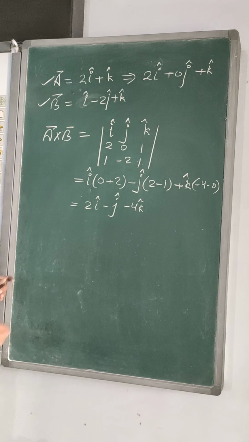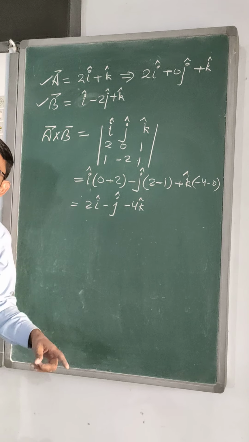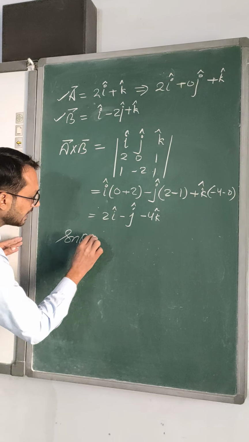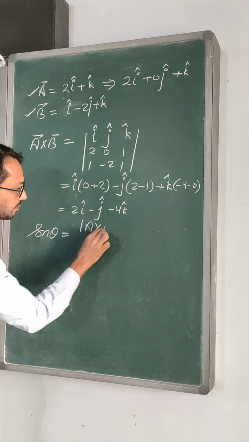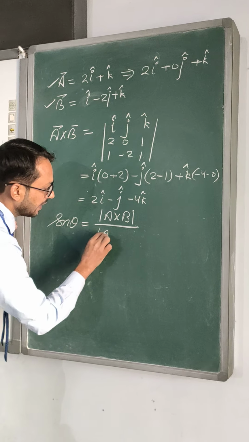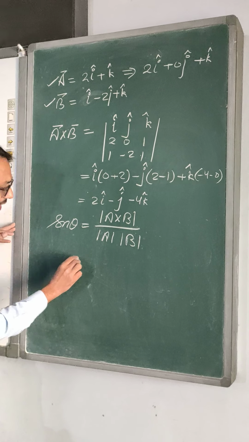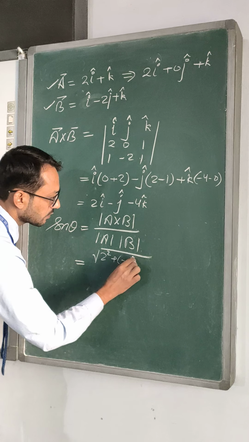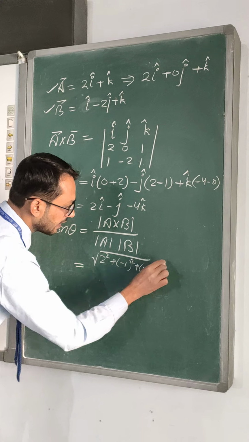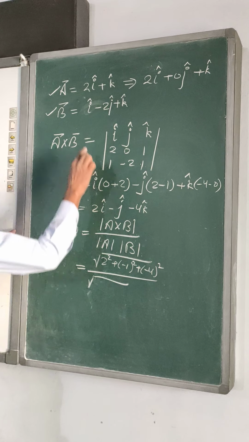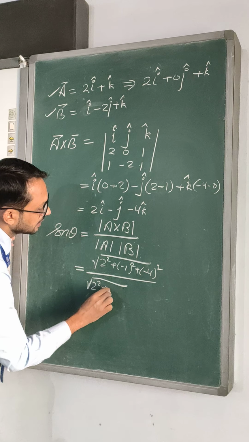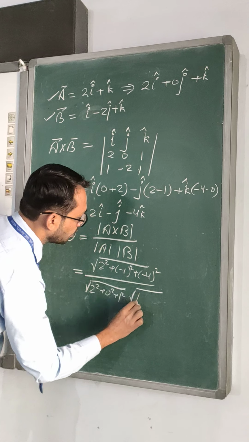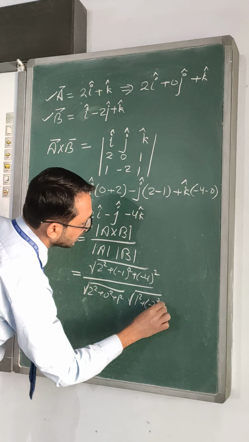If they ask us to calculate the angle between these two vectors, then sine theta equals mod A cross B upon mod A mod B. So mod A cross B will be under root of 2 square plus minus 1 square plus minus 4 square, upon under root of A, that is 2 square plus 0 square plus 1 square, into under root of 1 square plus minus 2 square plus 1 square.